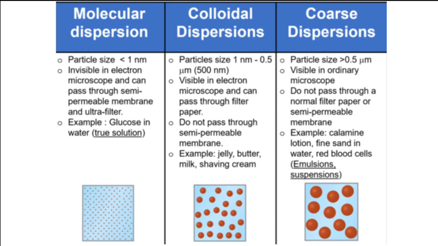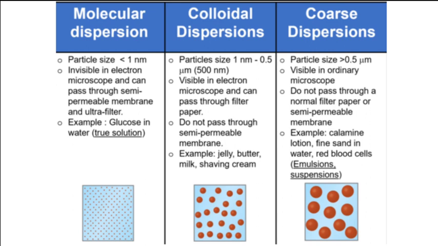In molecular dispersion, particles are invisible in an electron microscope and can pass through semi-permeable membrane. In colloidal dispersion, particles are visible in an electron microscope and can pass through filter paper. And in coarse dispersion, they do not pass through normal filter paper or semi-permeable membrane.